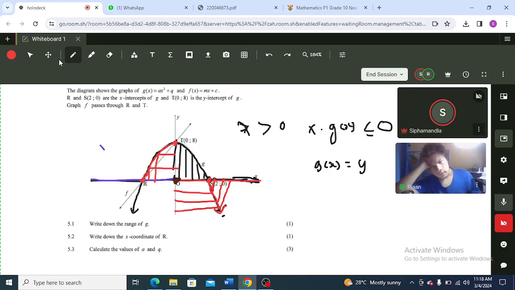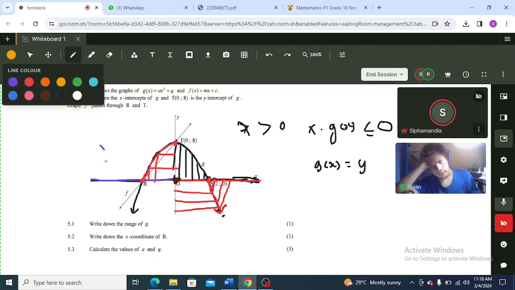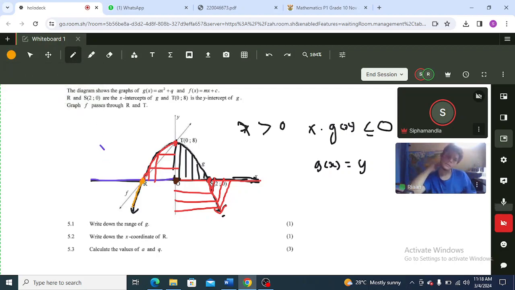But starting from here going downwards, you can see that I have the negative x-axis and the negative y-axis, and then I'll get the positive answer. So I can't include that part.